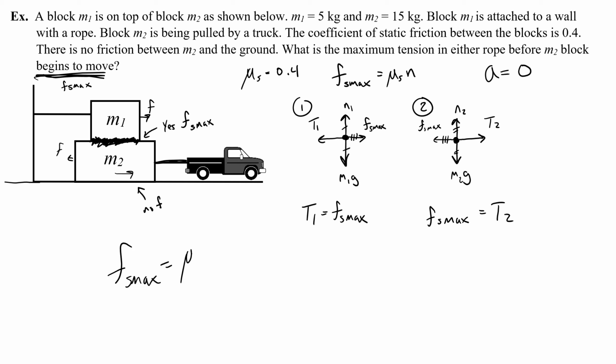F_s max is the coefficient of static friction times the normal force, but in this case, we're using the normal force of M1. So mu s times M1 g, or 0.4 times 5 kilograms times 10 meters per second squared. 0.4 times 5 times 10 is 20 newtons.